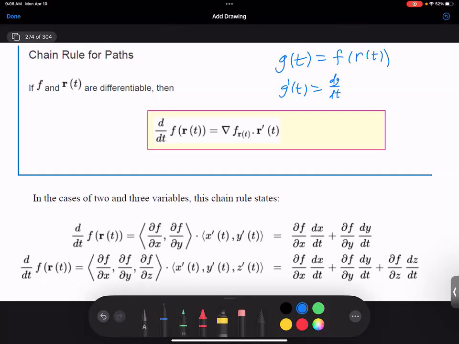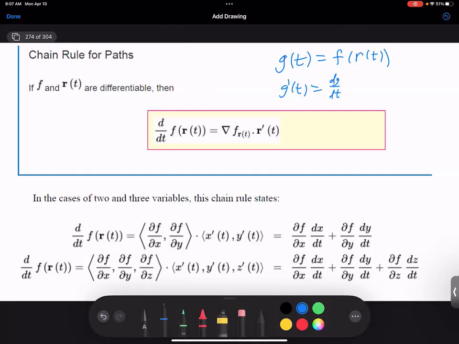I could have r depend on, say, t and s. And then I could ask, what's the derivative of f of r of t, s? Well, now that I've got the derivative of f of r of t, s, you always have to ask the question, with respect to what? So if r depends on two variables t and s, what are my possibilities for the derivative of f of r of t, s?